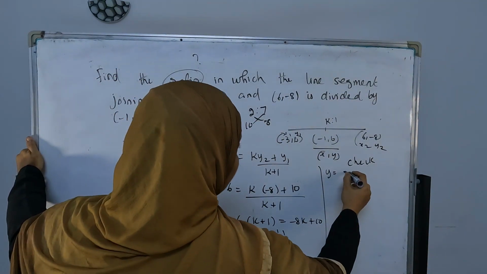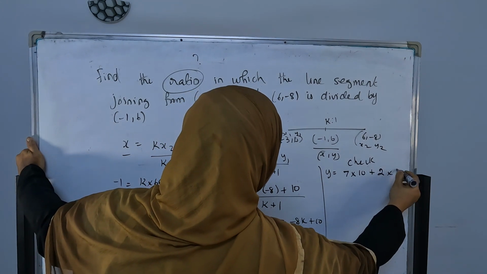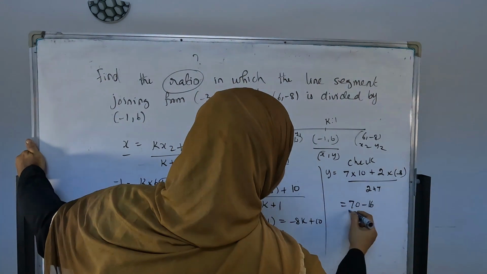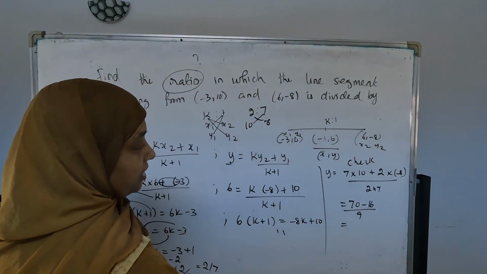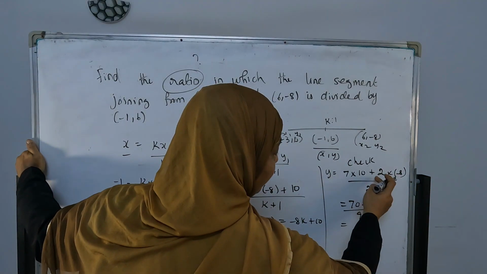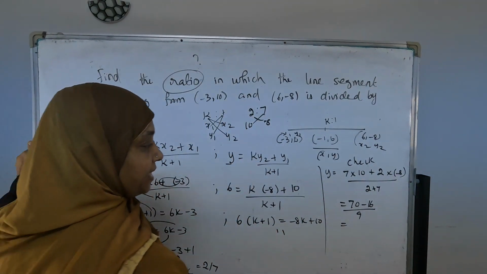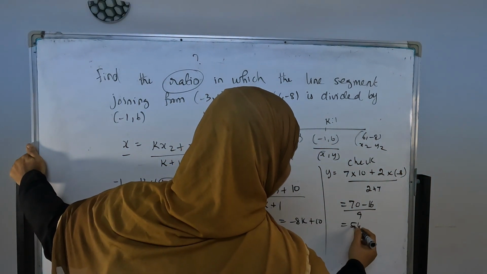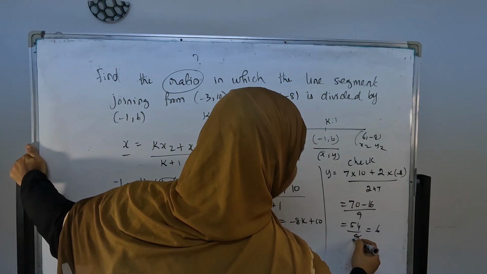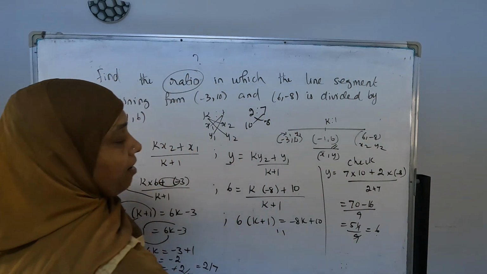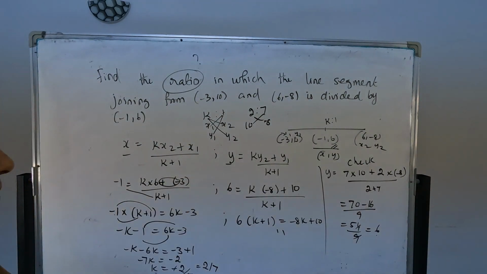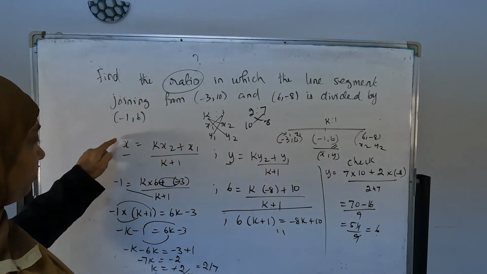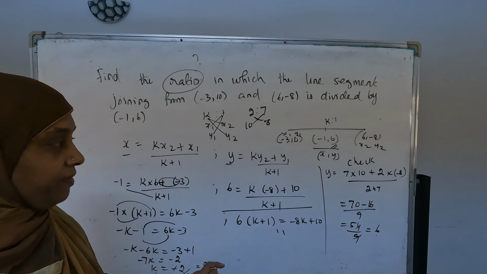So cross it: 7 into 10 plus 2 into -8 by 2 plus 7. 7 tens are 70, 2 eights are 16, plus into minus is minus 16. 70 minus 16 is 54, and 2 plus 7 is 9, and cancelling we are getting 6, the same point. So our ratio is correct. Clear? No need to proceed with the other point also. We can stop here itself. This one point is enough for us. It will bring 2:7. Okay?